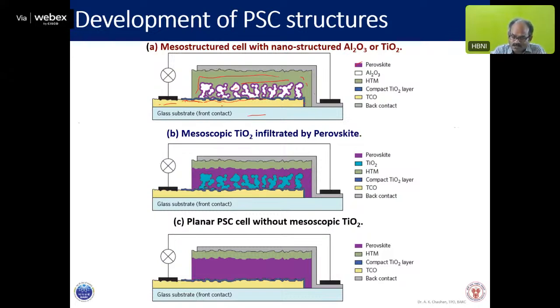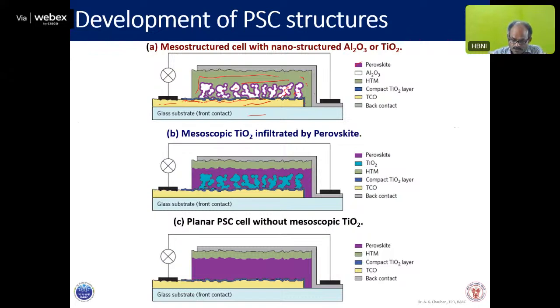So first you deposit this, then you deposit a compact TiO2 layer, then this TiO2 layer, over this you have Al2O3, and over this you deposit the perovskite. People use TiO2 also in place of aluminum oxide. That also works, but this is better.